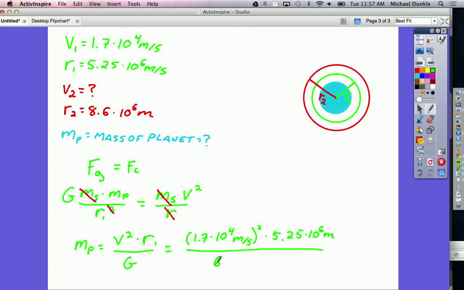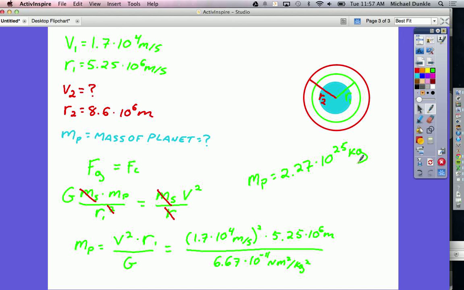And that's all over 6.67 times 10 to the negative 11th Newton meters squared per kilogram squared. When we plug all of that into our calculator, what we should get is that the planet has a mass of 2.27 times 10 to the 25th kilograms.